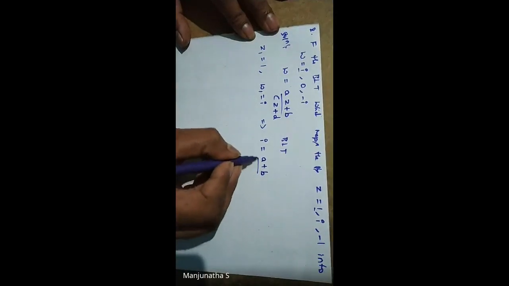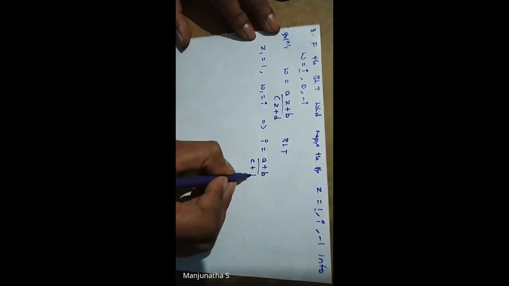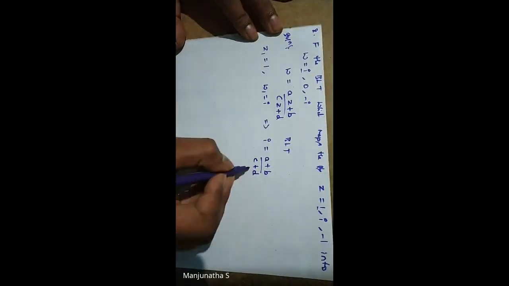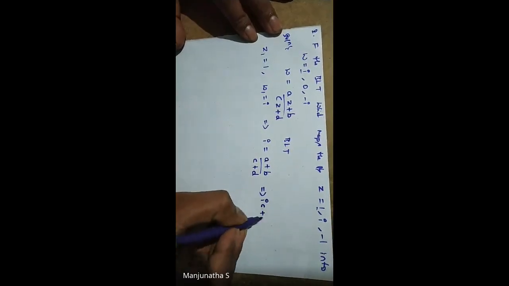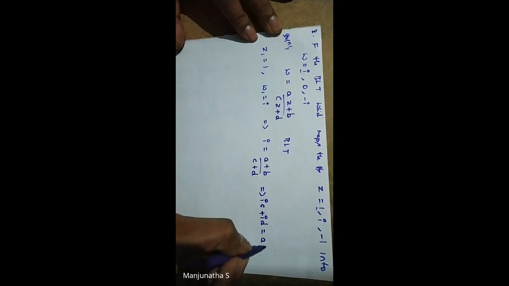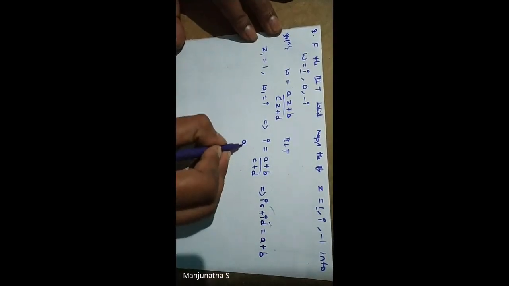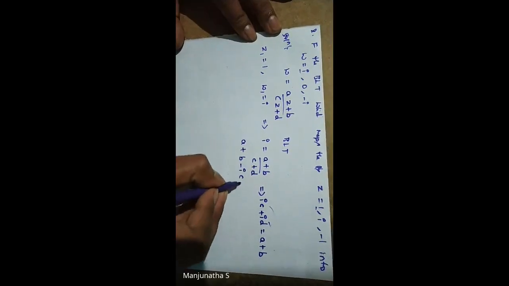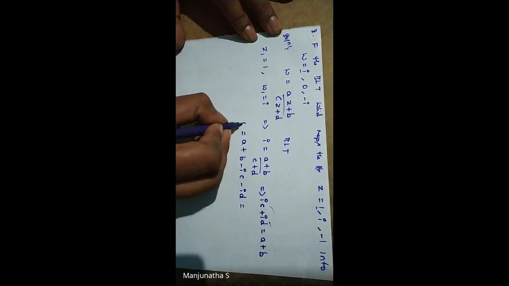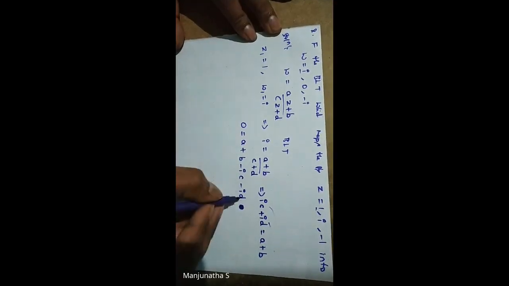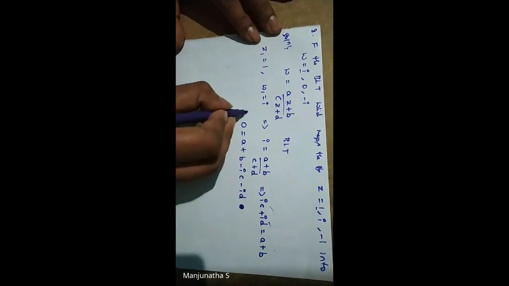So when I send c + d to the other side, I'll get ic + id is equal to a + b. So when I send these two to either side, I'll get a + b - ic - id is equal to 0. So this is our equation.